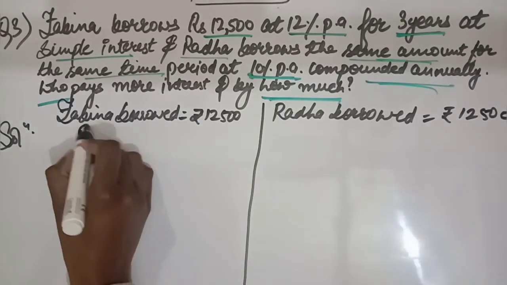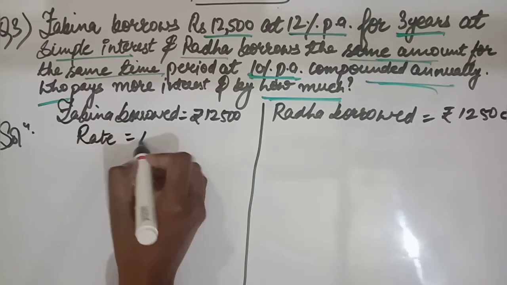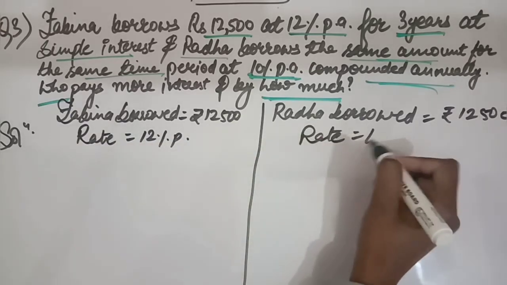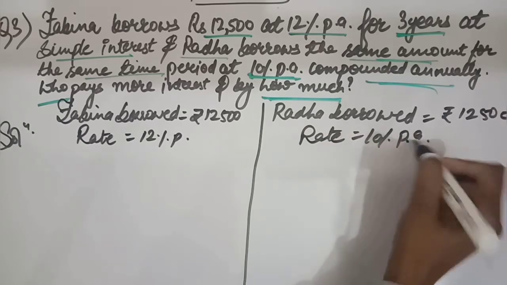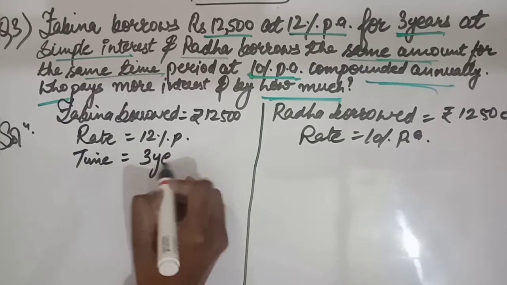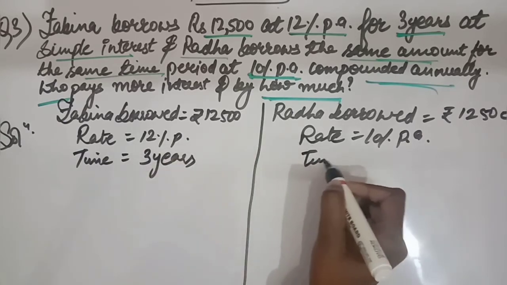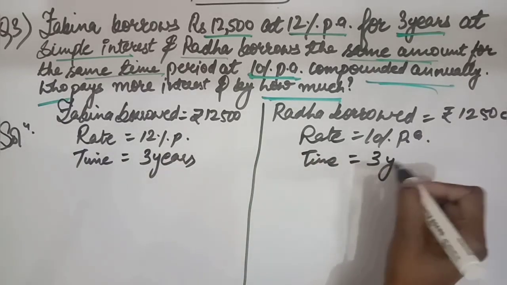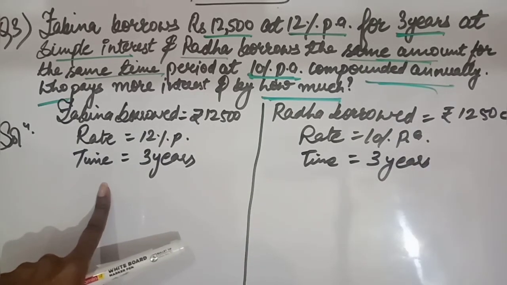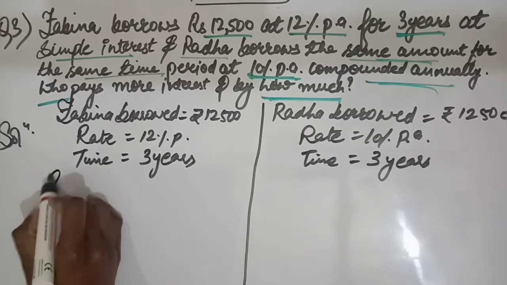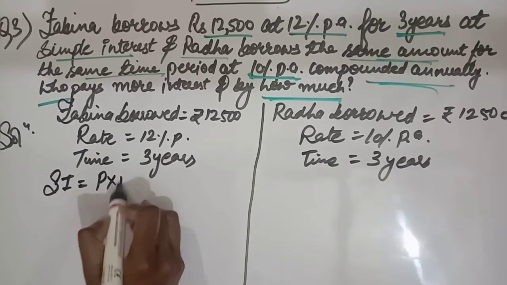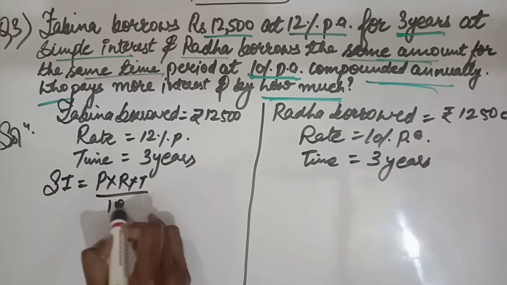Right. Rate is 12% per annum. Here the rate is 10% per annum. Time is 3 years. Now, Fabina borrowed the sum of money at simple interest. So here we will calculate simple interest, that is P into R into T by 100.